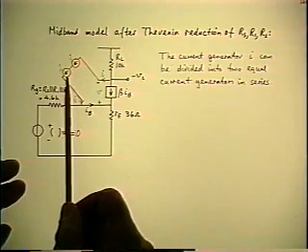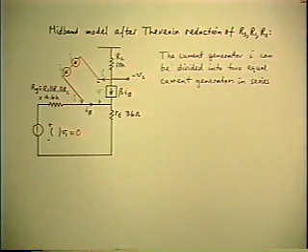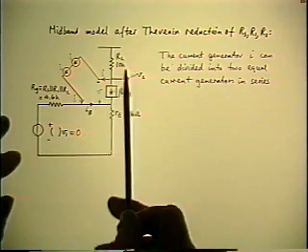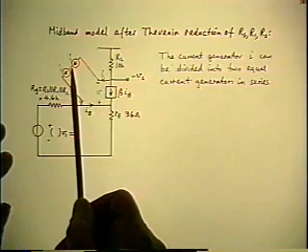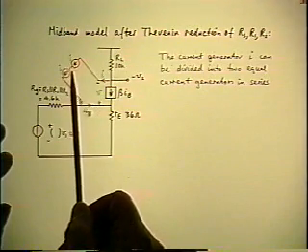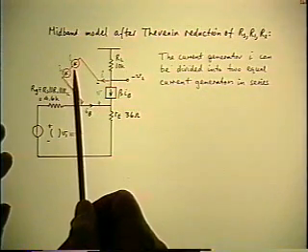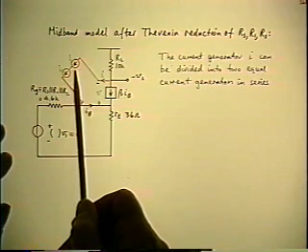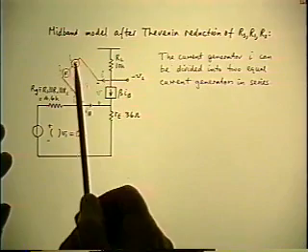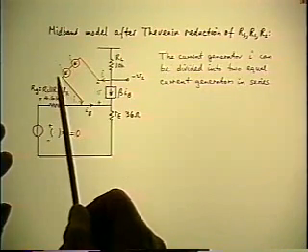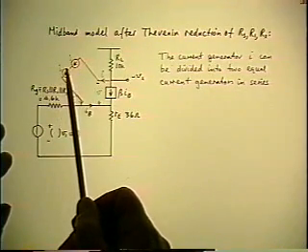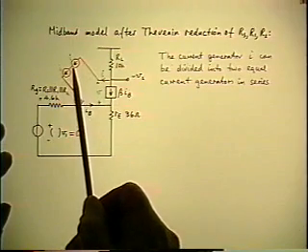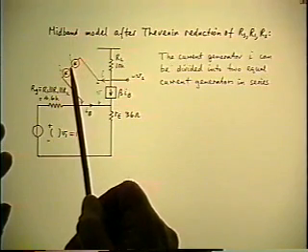But we have now developed, at the connection between the two current generators, a new node whose voltage is arbitrary, because by definition the current generators pump the same current regardless of the voltage across them. So I can give the voltage at this node any value I like.